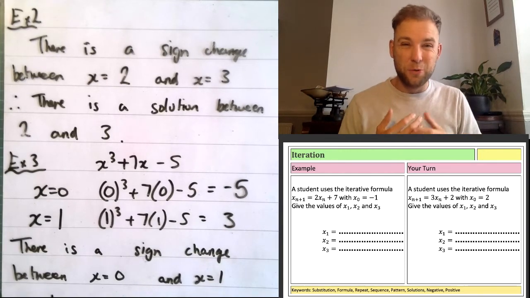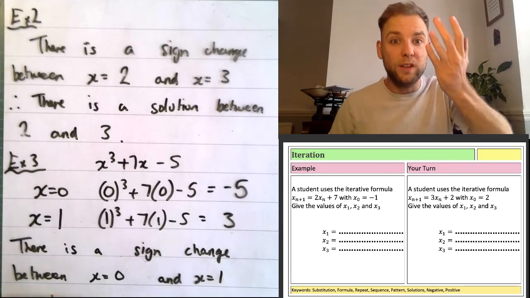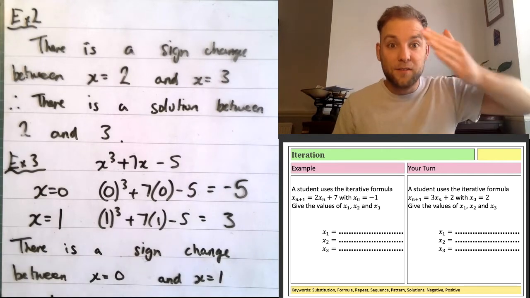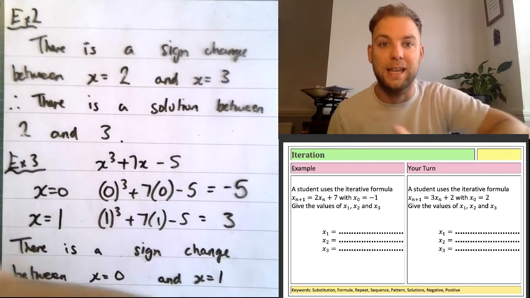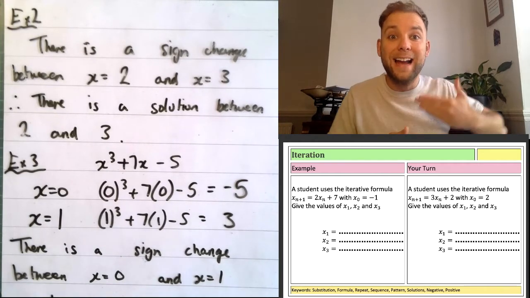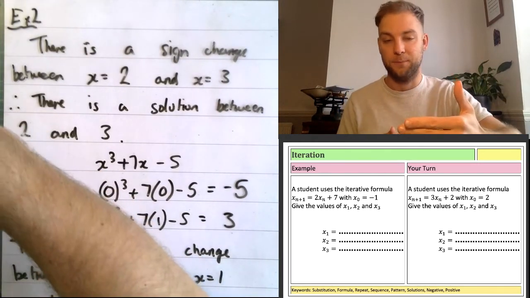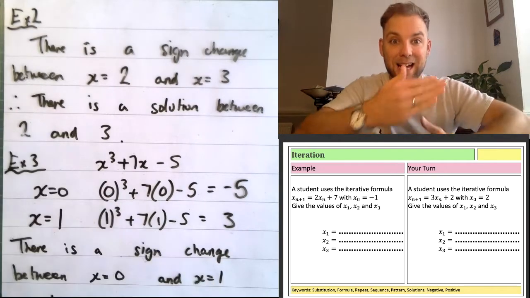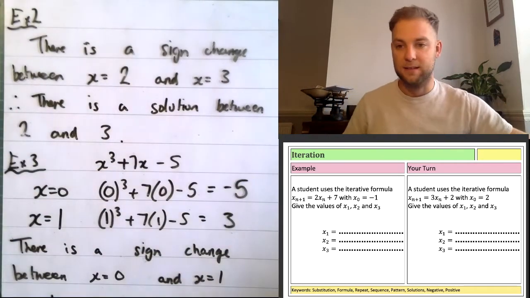What we're actually doing with iteration is you're using the answer that you've got to find out the next sequence in the pattern, okay? So you're using the previous term to find out the next term in the pattern, okay? So this here helps you to generate the pattern.